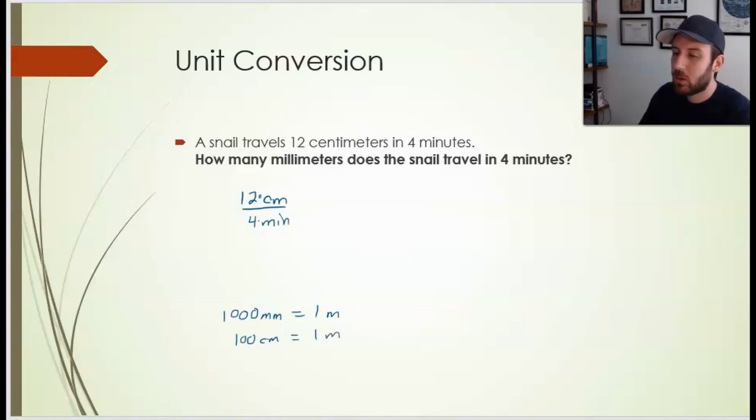Is it true that 1,000 millimeters divided by 100 centimeters is really just 1 meter divided by itself? And since I have something divided by itself that's not 0, that's really just a hidden number 1.